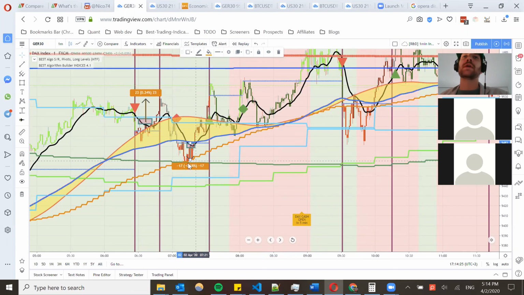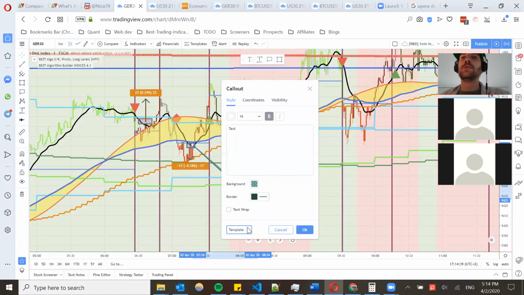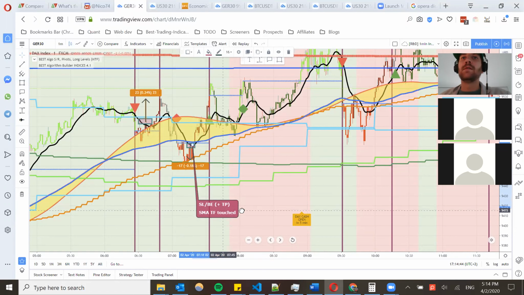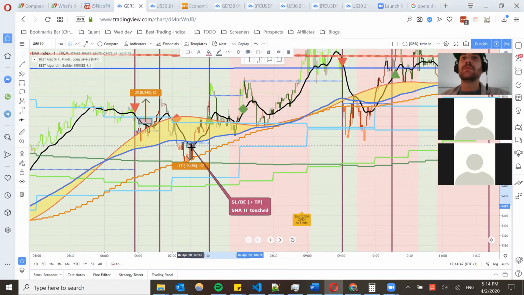So here I will either set my stop loss to break even and take my profit here. I will enter here, and then I will set my stop loss to break even, plus eventually take some profit here.